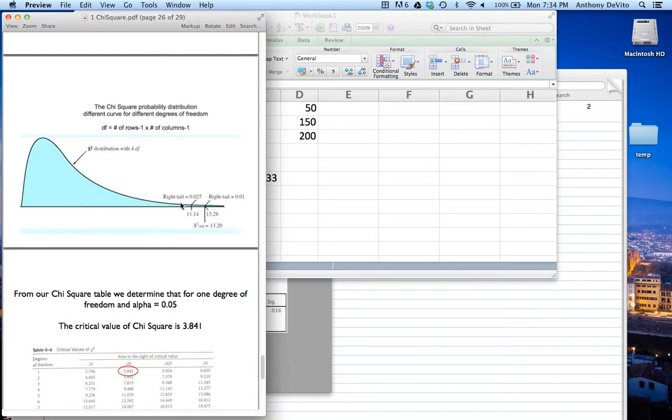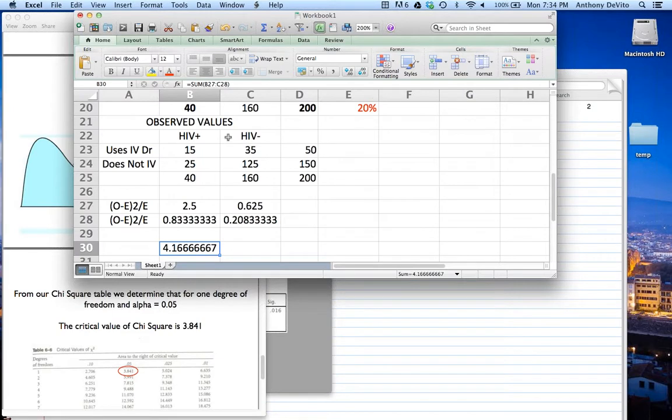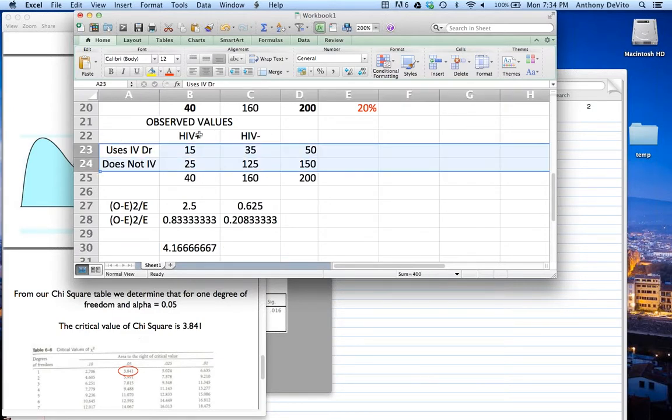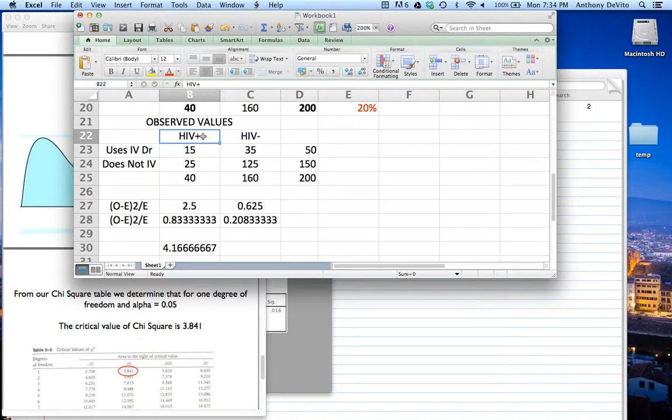As you can imagine, we could be dealing with two exposures but more than two outcomes. One outcome could be HIV positive, another HIV negative, another undetermined status, another an AIDS diagnosis, and so on.